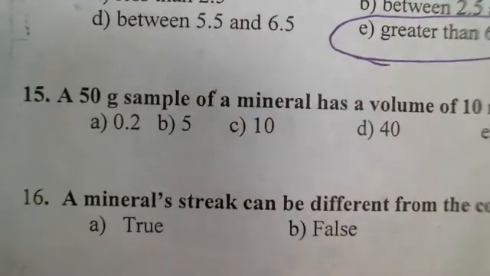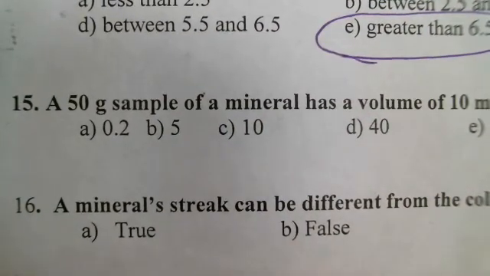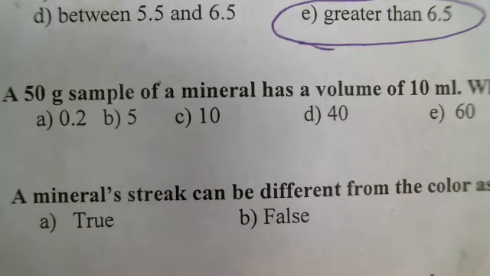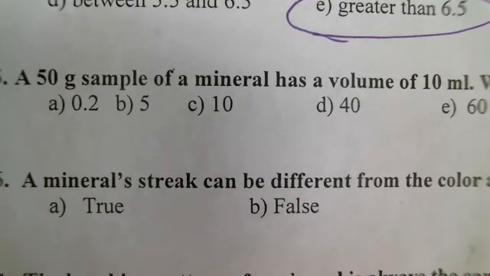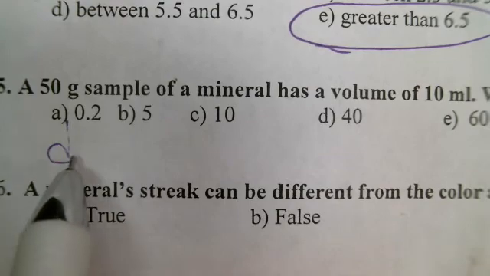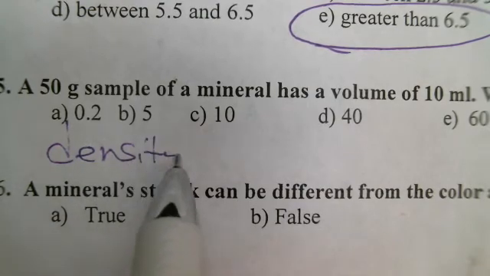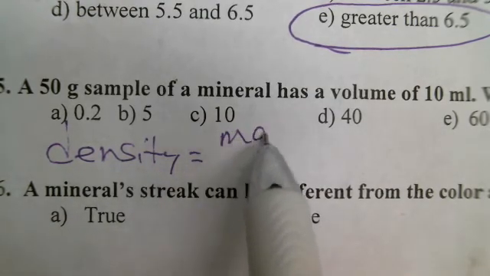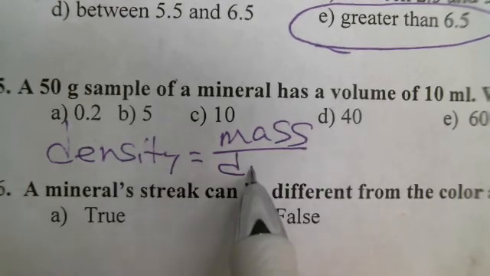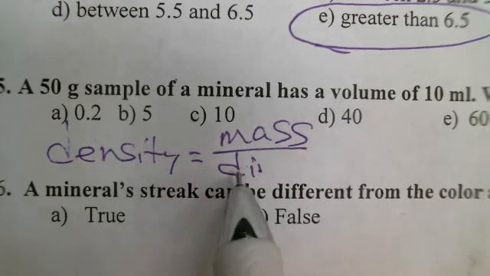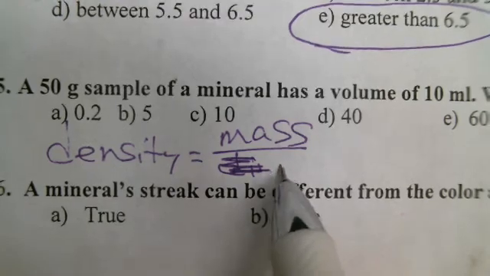Number 15. A 50-gram sample of a mineral has a volume of 10 milliliters. What is the density? Remember that the equation for density is the mass divided by the volume. Mass divided by volume.